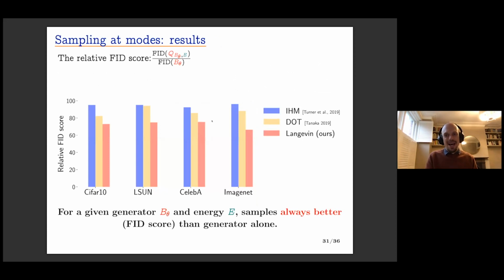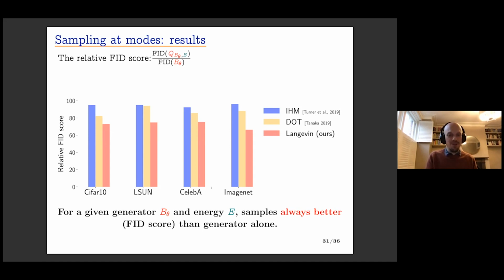The next slide is evidence for a claim I made at the start of the talk: using the critic, or more specifically the energy function from the critic, improves the quality of the samples over throwing it away. That makes sense, because the critic knows where your generator is not placing enough mass or placing too much mass, and it adapts that by this importance weighting. Basically, lower is better.